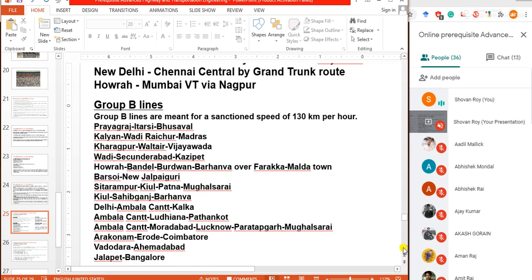These are the Group B lines. Group B lines are meant for a sanctioned speed of 130 km per hour, and there are 14 routes under Group B lines, starting with Prayagraj, Itarsi, Bhusawal.